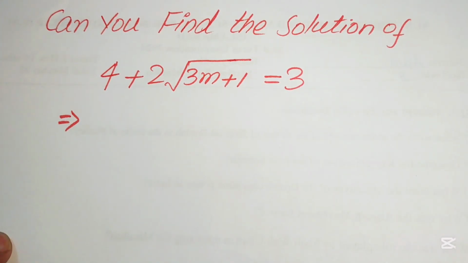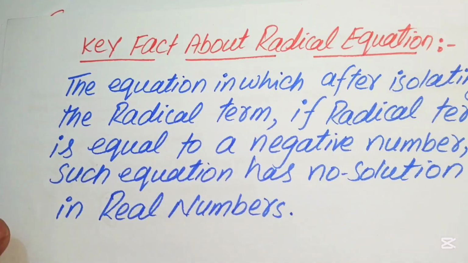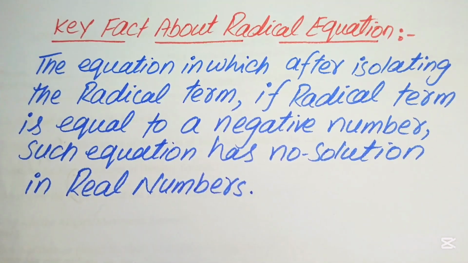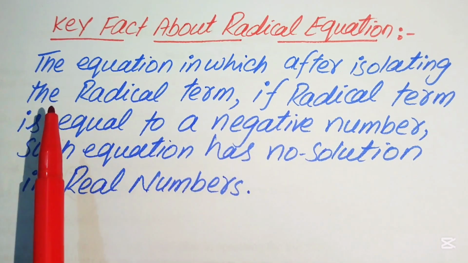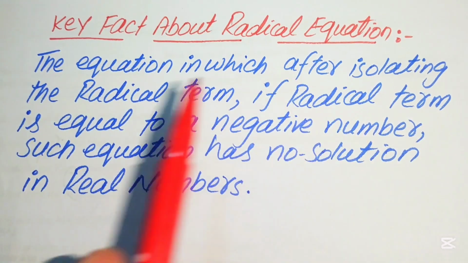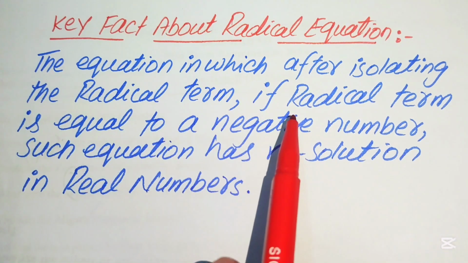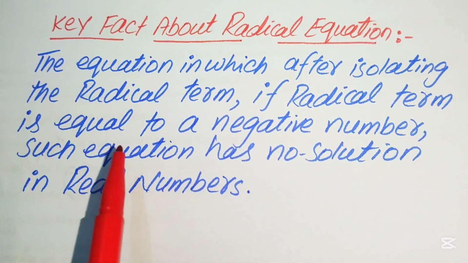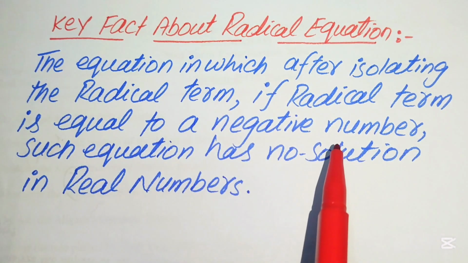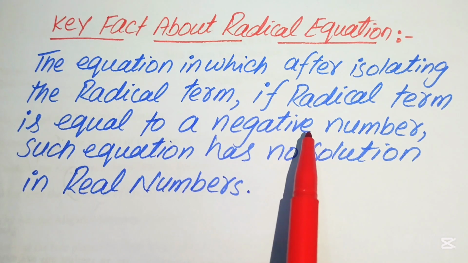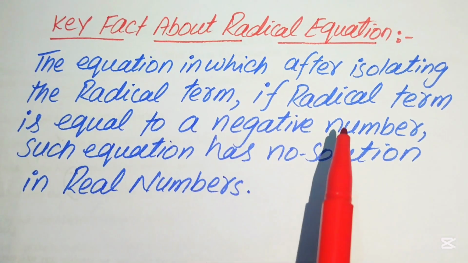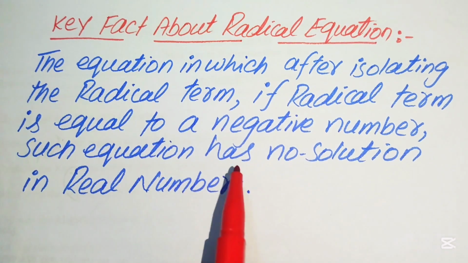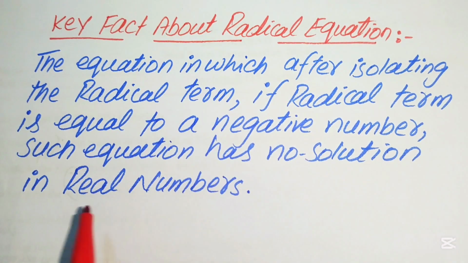Before moving to the next step, I can tell you a key fact about radical equations. In a radical equation, after isolating the radical term, if the radical term is equal to a negative number, such an equation has no solution in real numbers.